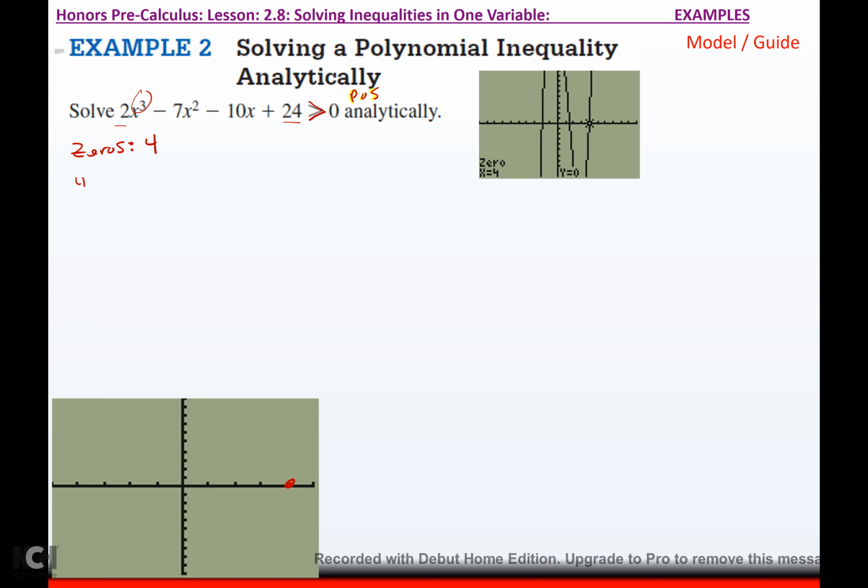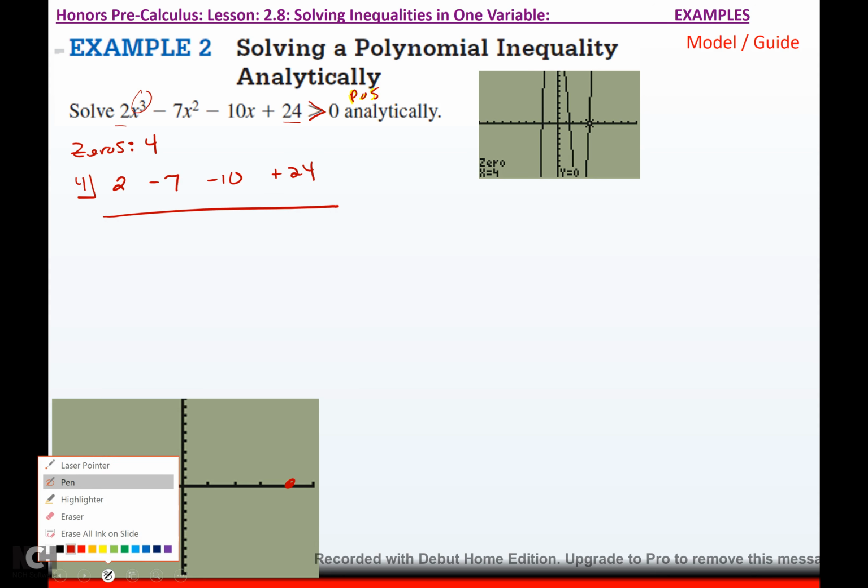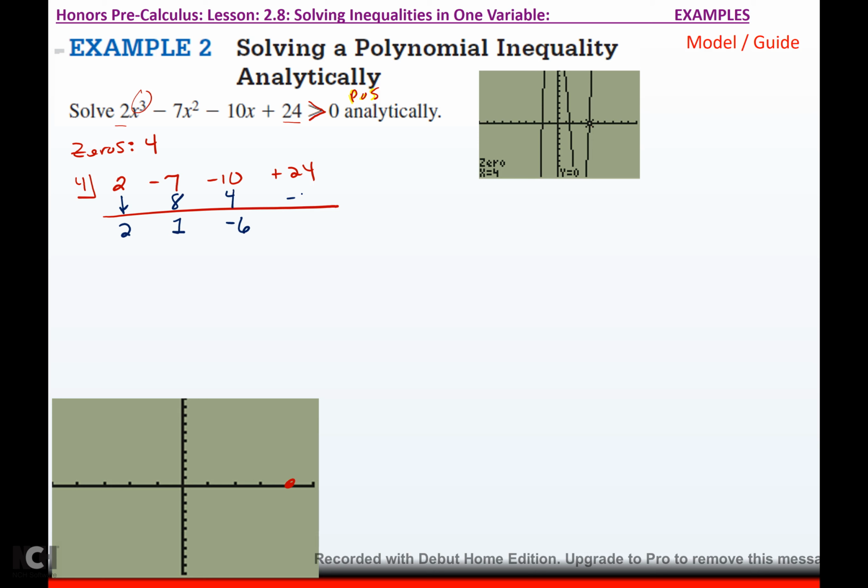So if I put 4 in the hole, then the third degree coefficient, second degree coefficient, first degree coefficient, constant: 2 comes out, brings back 8, comes out 1, brings back 4, comes out -6, brings back -24, remainder 0.